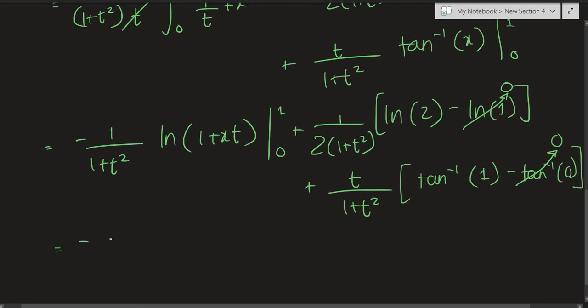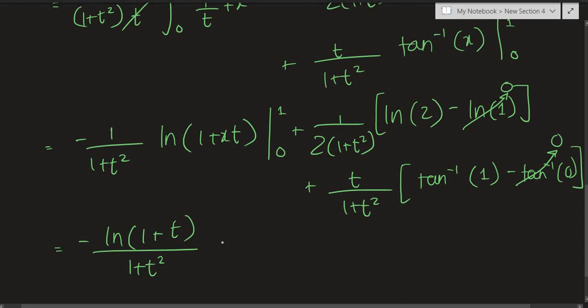So we finally get negative natural log of 1 plus 1 times t, or just t, divided by 1 plus t squared, and when we plug in 0 in the place of x, we have 1 plus 0, which is 1, and natural log of 1 is 0. So for the second term everything becomes 0, so we don't bother about that.